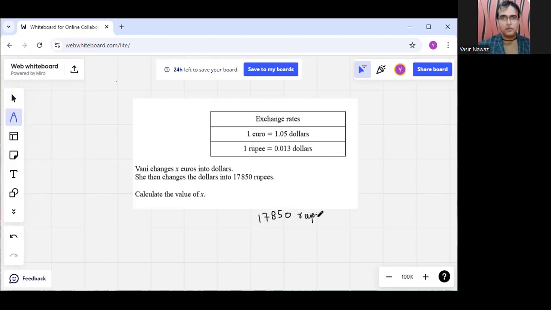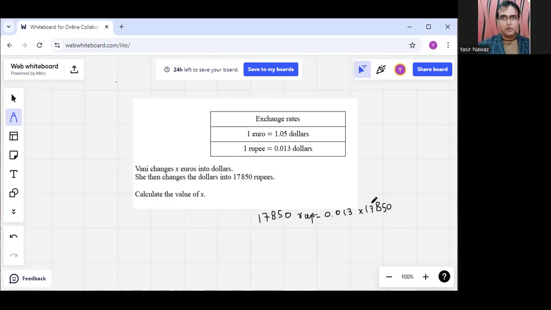So 1 rupee is equal to 0.013 dollars, and 17850 rupees is equal to 0.013 multiplied by 17850.